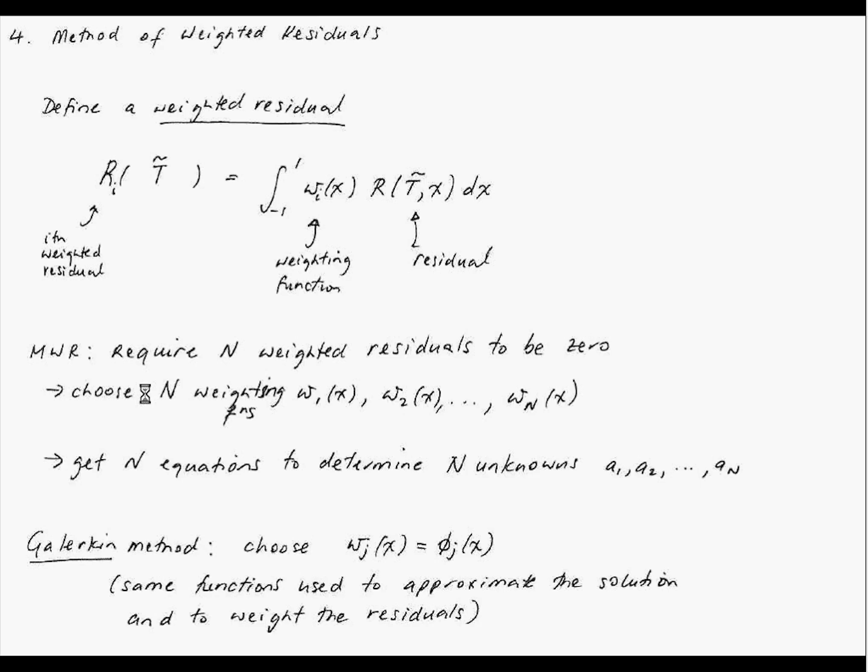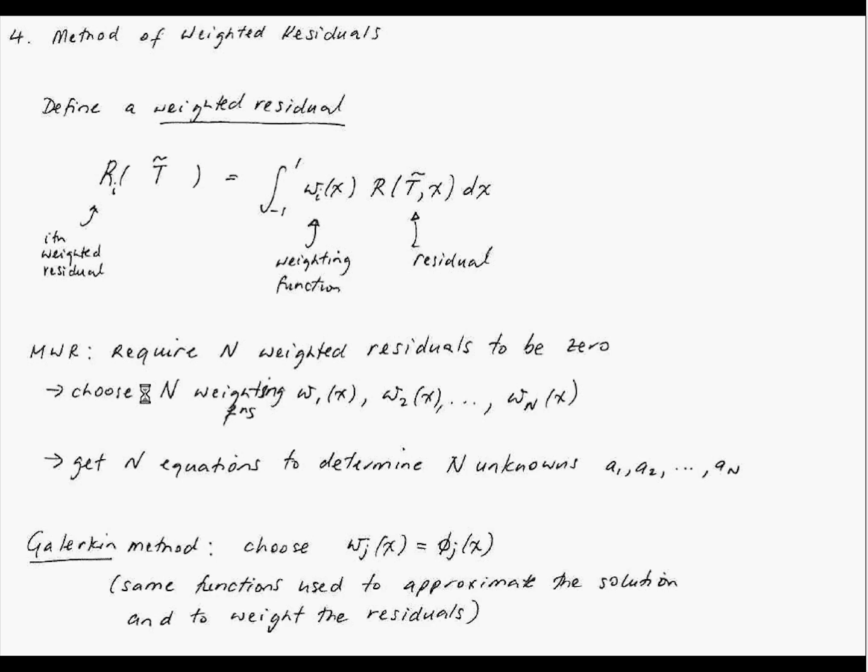It's defined to be the integral of a weighting function w_i times this residual, and we're integrating over the domain, x going from -1 to 1. So the residual is a function of x, the weighted residual is not a function of x because we've integrated over it, and the integration is weighted by some weighting function w_i. But the weighted residual is still a function of our approximate solution T tilde.